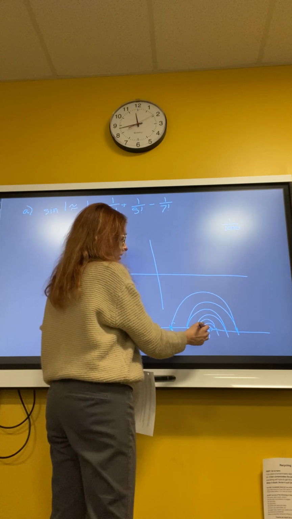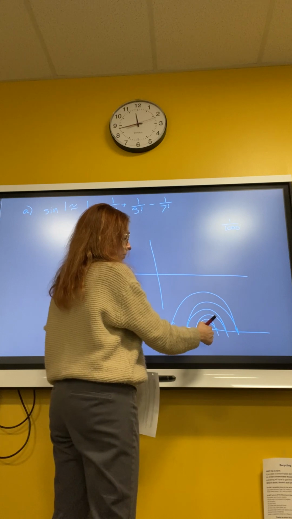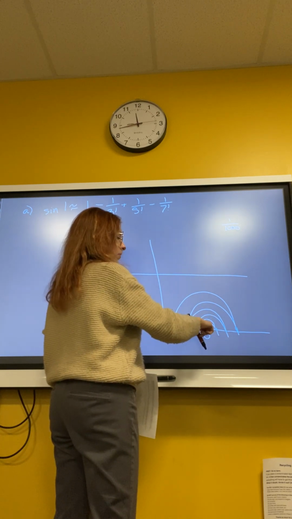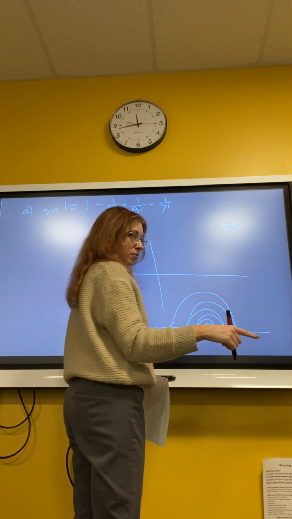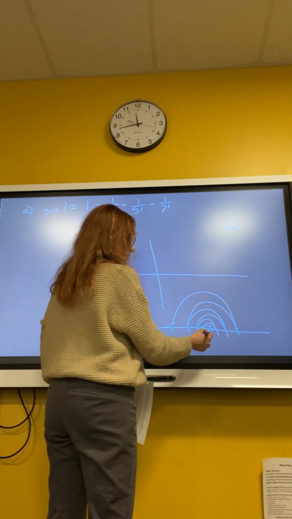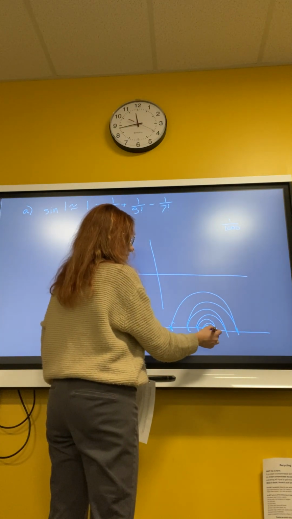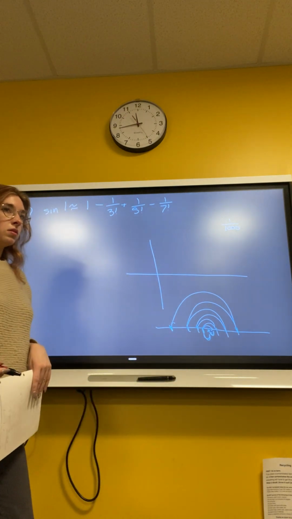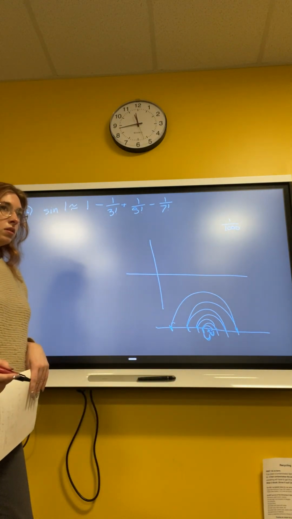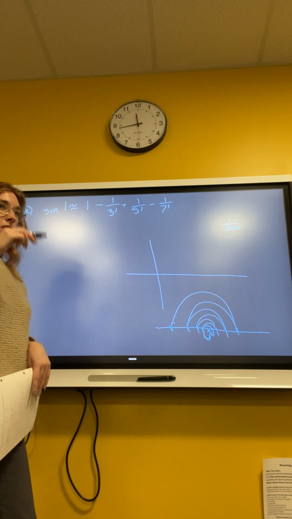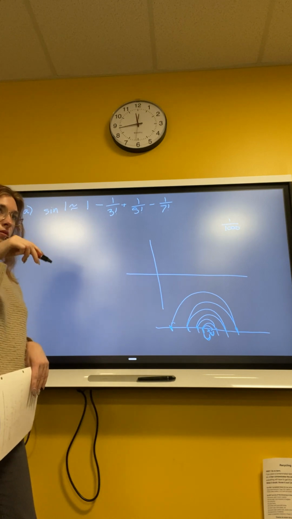Because this is in between what I added up and that next term. So the distance from here to the actual sum is going to be smaller than the distance from here to that term, because we're just bouncing closer and closer around. Yes, that makes sense.